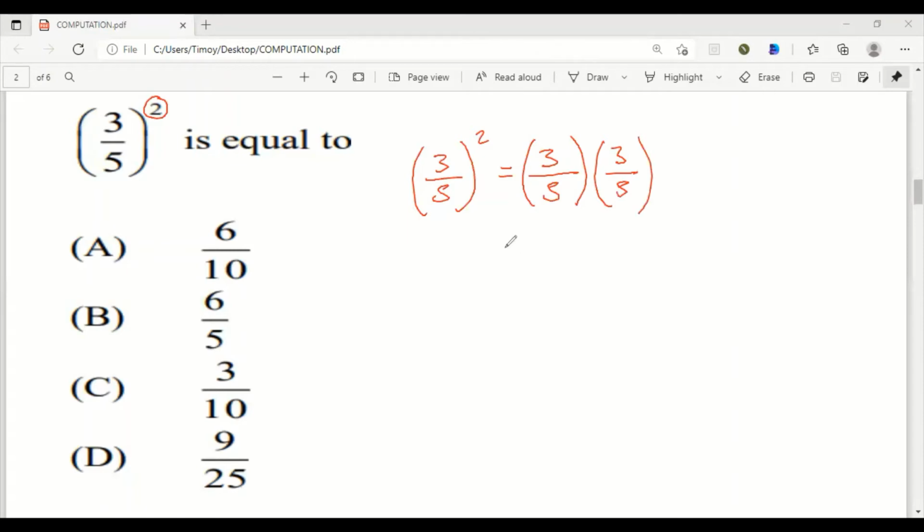Now, how do you multiply two fractions? You multiply numerator by numerator and denominator by denominator. So 3 times 3, that will give us 9. And 5 times 5, that will give us 25. So our answer is 9 over 25, which is D in this case.